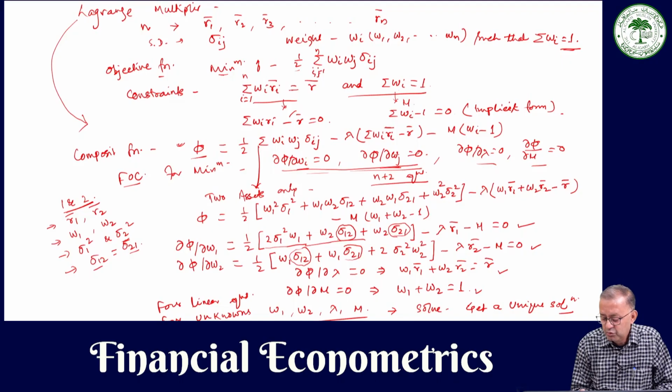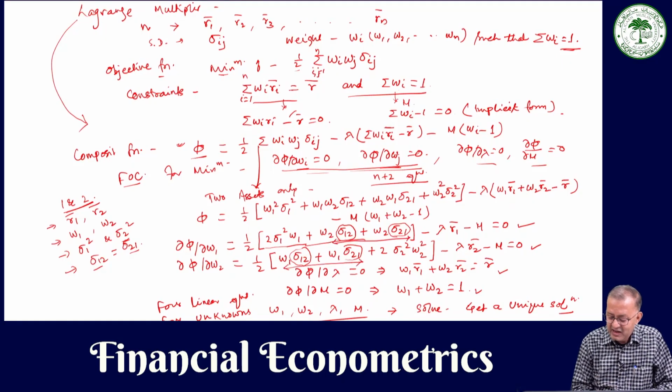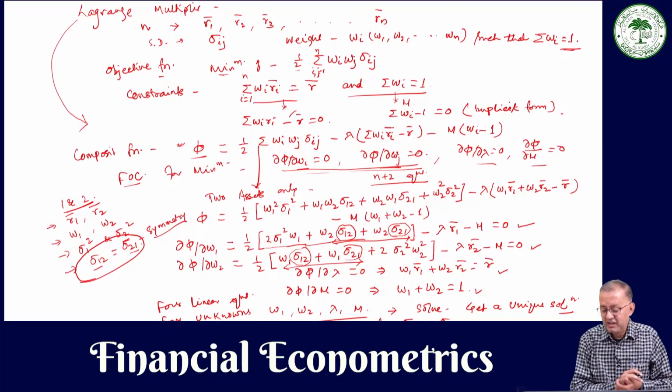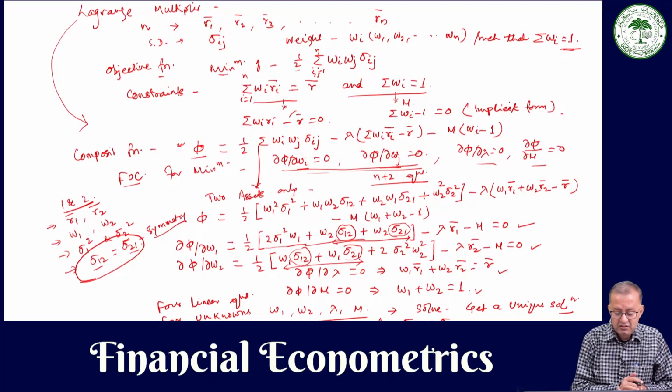This will be 2 W2 sigma 1 2 or sigma 2 1, and this is 2 W1 sigma 1 2. So we write 2 W2 by combining these two equations, as sigma 1 2 is equal to sigma 2 1, by symmetry. The covariances are equal.